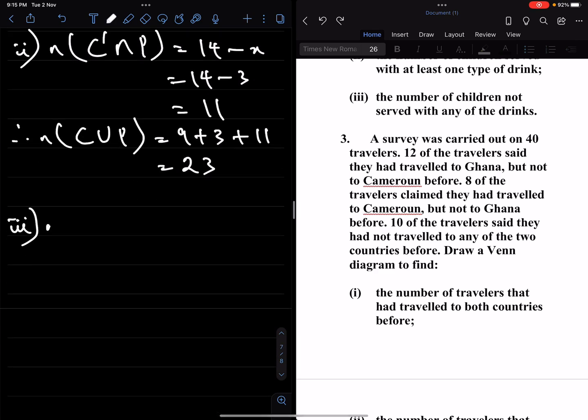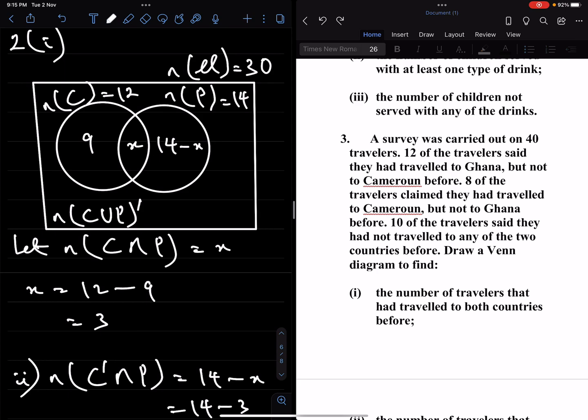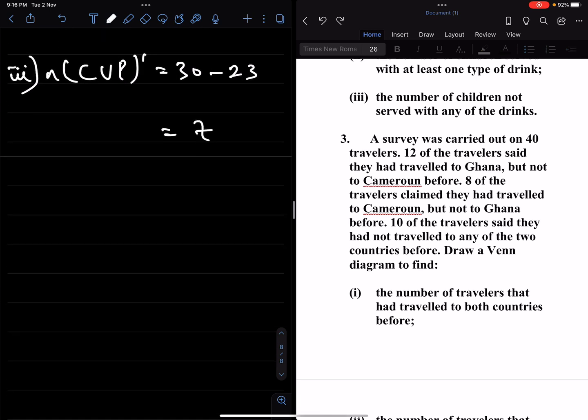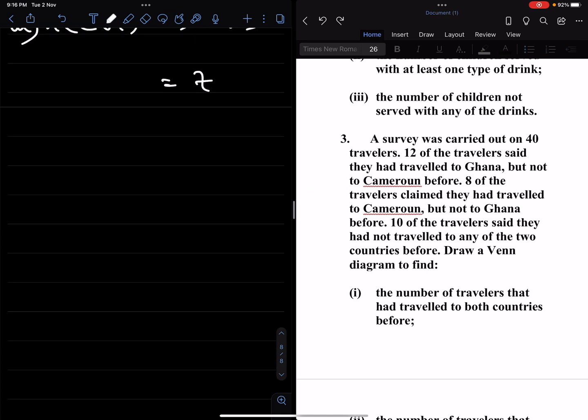So the number of elements in the set C union P complement is going to be, if I know that 30 is the total number of children at the party and 23 were served either Coke, Coke and Pepsi, or only Pepsi, that means those that were not served any will be 30 minus 23, which is 7 obviously. So the number of children not served with any one of the drinks is 7. So that is just as simple as that.